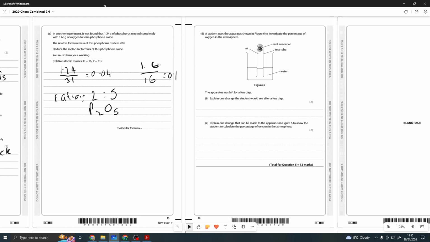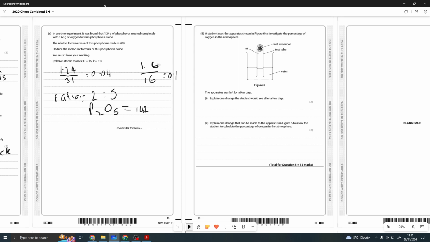If it's 2 P's for every 5 O's, we've got the empirical P2O5. Now you can work out the Mr, or relative formula mass, of P2O5 by doing 31 times 2 plus 16 times 5, and that gives you, so my calculator very reliably tells me, 142.